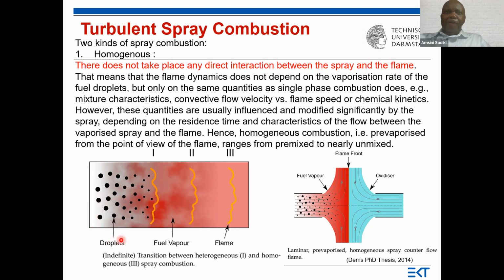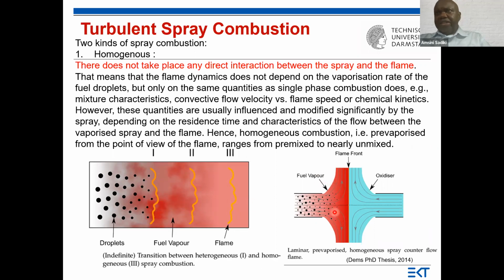We have our droplets. They are evaporating. You see that the size of the particle is decreasing. And we have the fuel vapor here. And this fuel vapor rate is stoichiometric conditioned, and we have the flame. This means that the flame occurs very far from the droplets, so that we don't have interaction between the flame and these droplets.